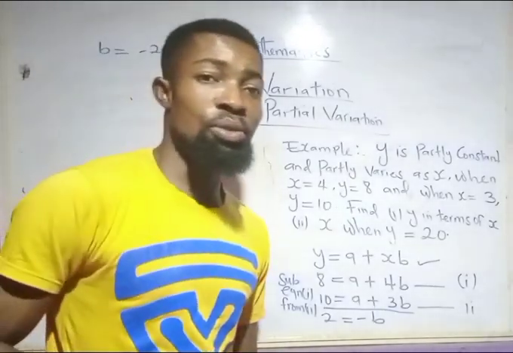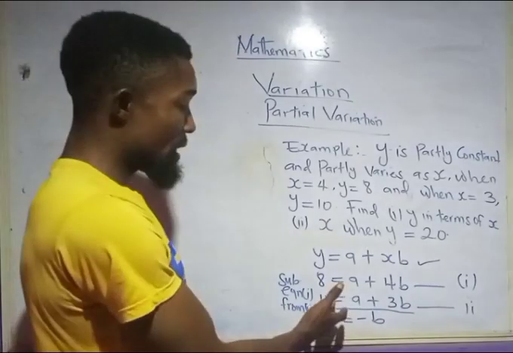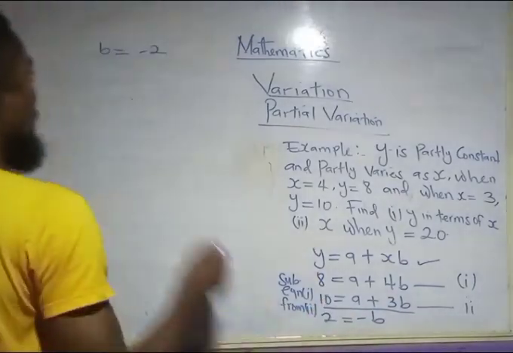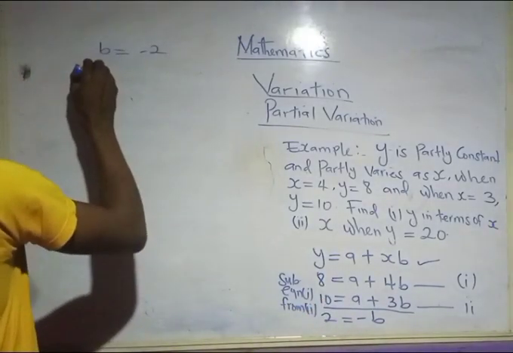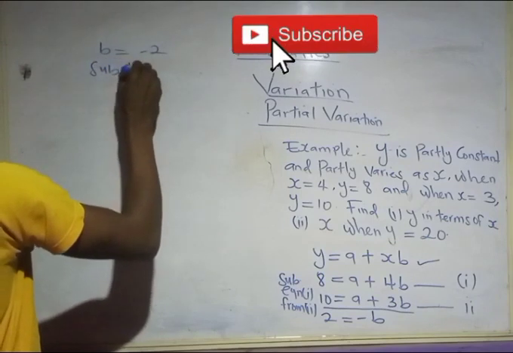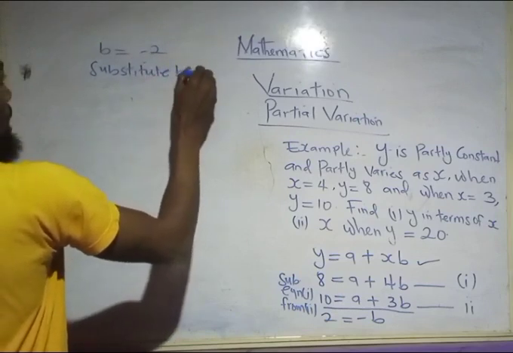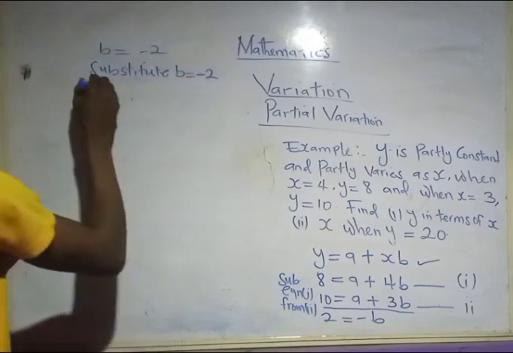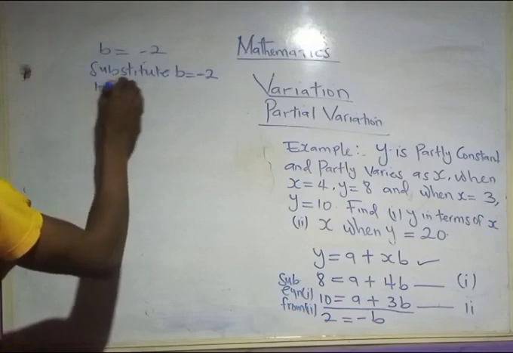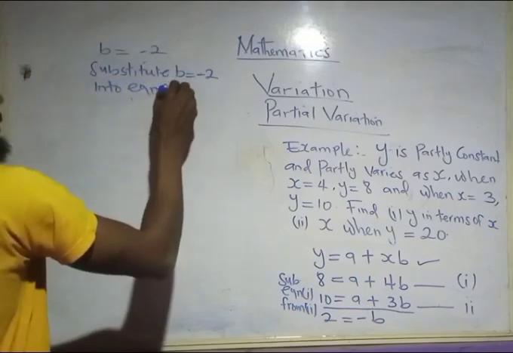Remember what I explained in simultaneous equations. Now we have it this way. Let's pick equation 1. Substitute b equals minus 2 into equation 1, right?